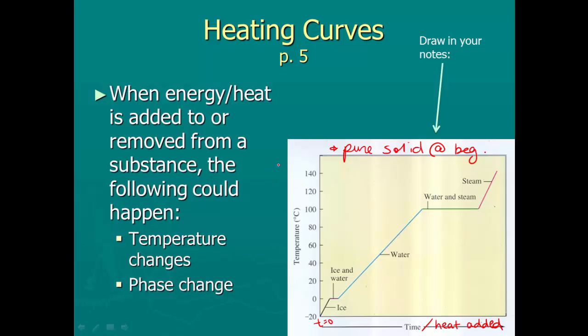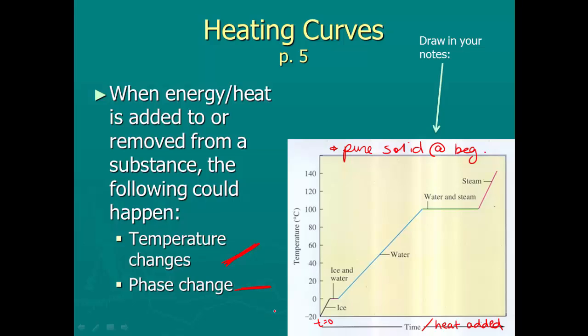So the first main idea is that when energy or heat is added to or removed from a substance, this graph could be flip-flopped, the following two things could happen. You might have a temperature change, and we see that on the graph by a sloped portion of the graph because the temperature, the y-axis, is changing, or we could have a phase change, and this is the flat portions of the graph.